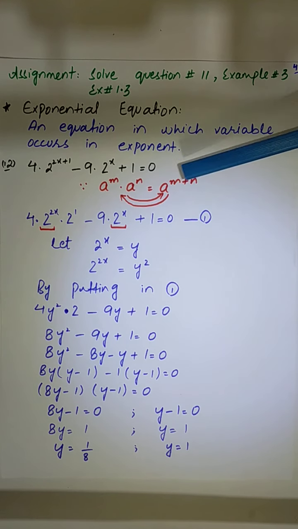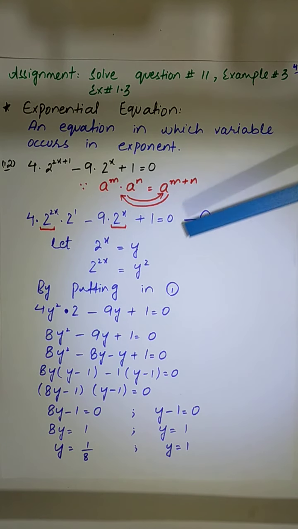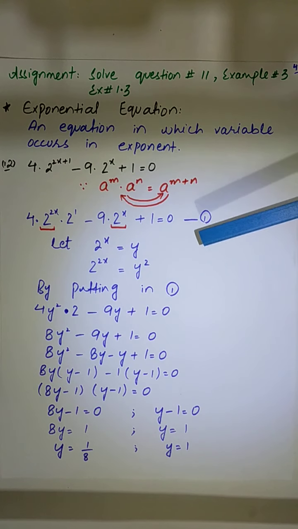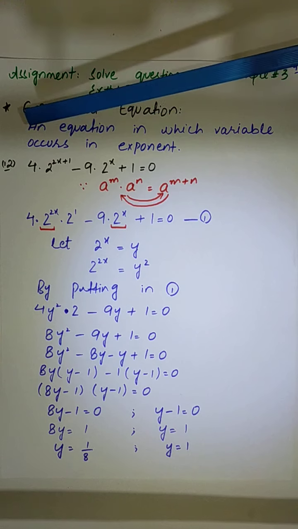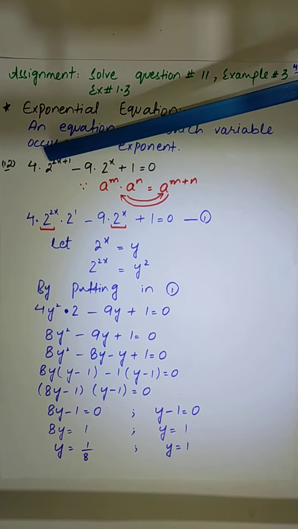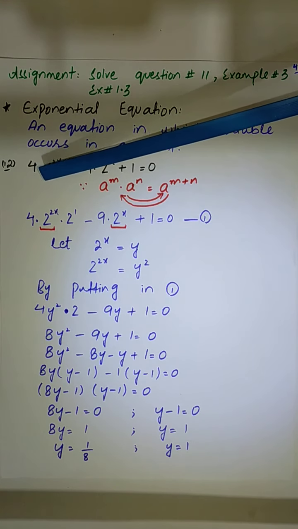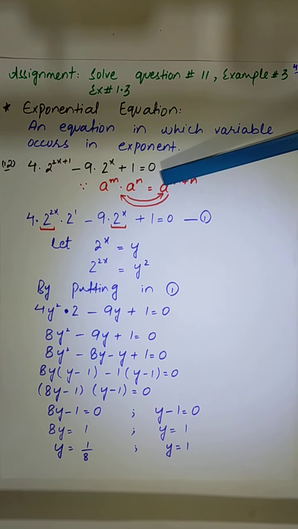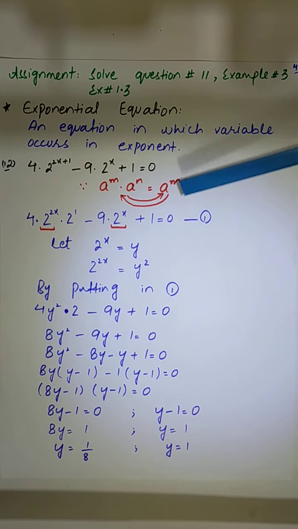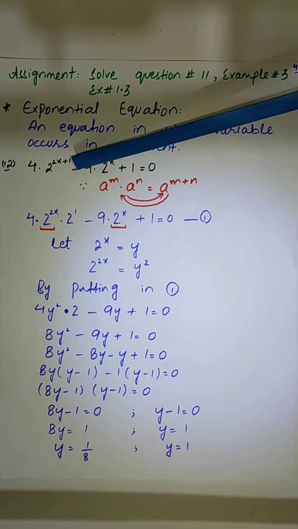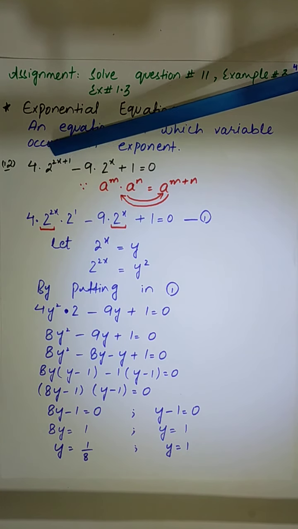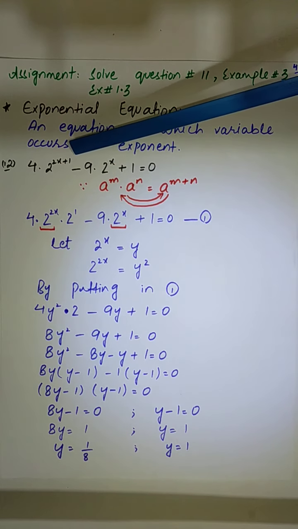But if powers are adding, we can write them separately with multiplication, with the same base separately. Like this, if this is a to the m plus n, we can write it as a to the m into a to the n. So if this is 2 raised to power 2x plus 1, we can write 2 raised to power 2x into 2 raised to power 1.